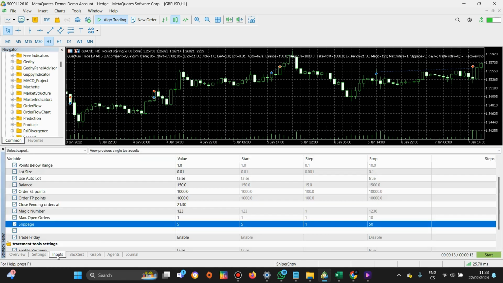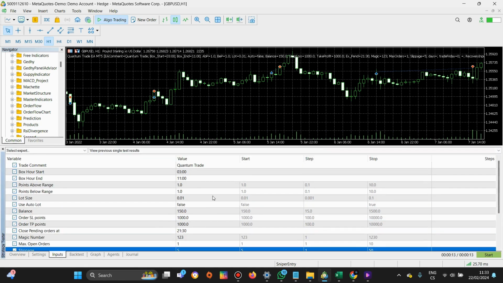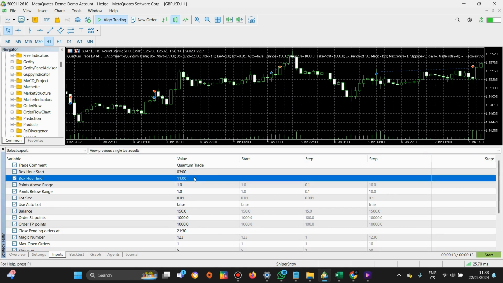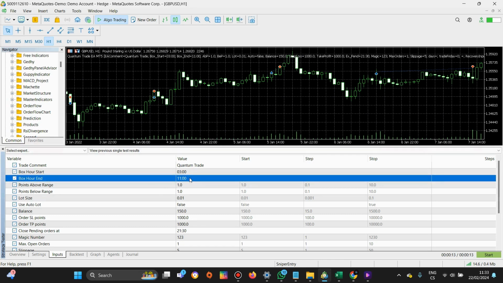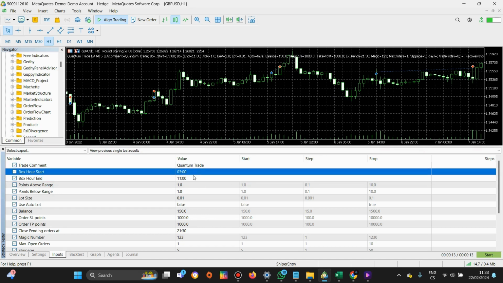I will also check the settings for you to see how exactly this EA works. It waits till 11 AM for opening those pending positions, and it opens a buy position at the highest point from 3 AM to 11 AM, and a pending sell position at the lowest point over this period.